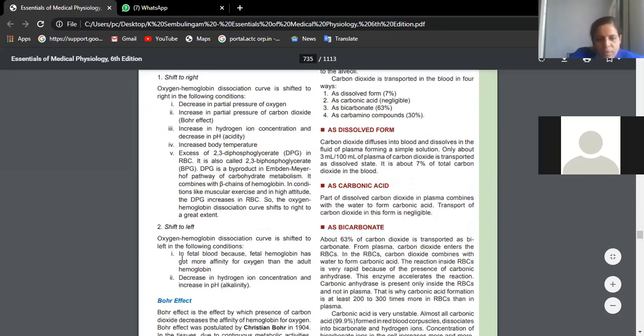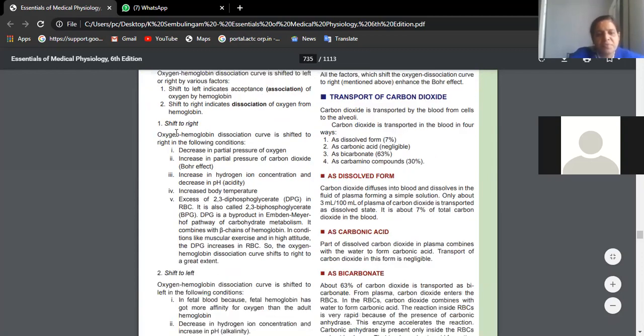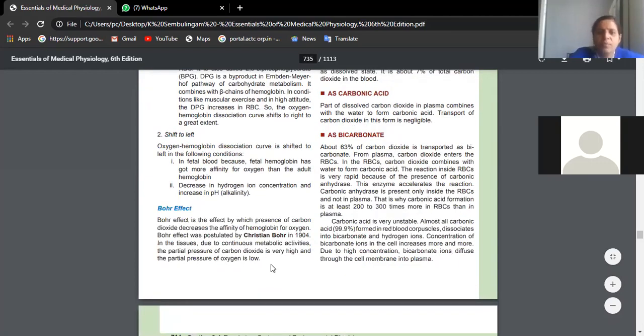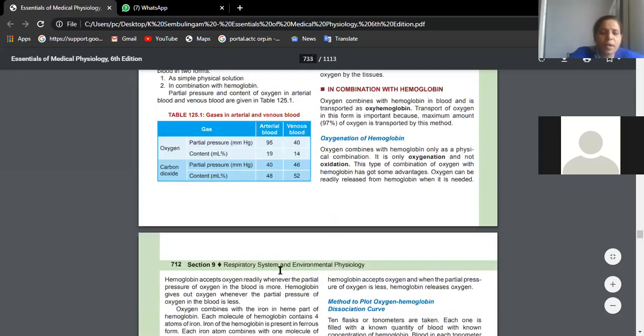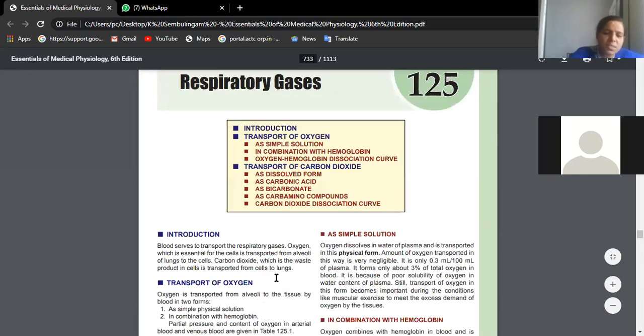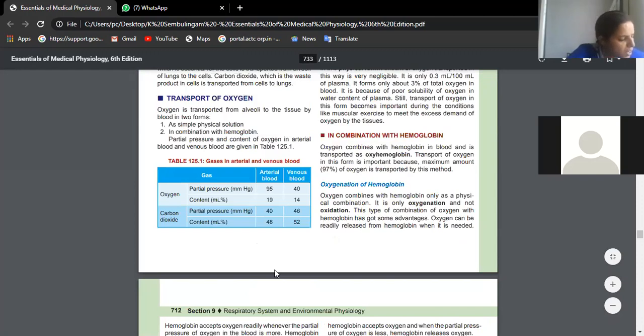In fetal blood, fetal hemoglobin has more affinity, and there is a decrease in hydrogen ion concentration. For Bohr's effect, whatever you have studied for shift to right, you will elaborate the same. Just go through it once nicely and slowly, and you will definitely understand. If you don't understand, I will explain again in my next class.